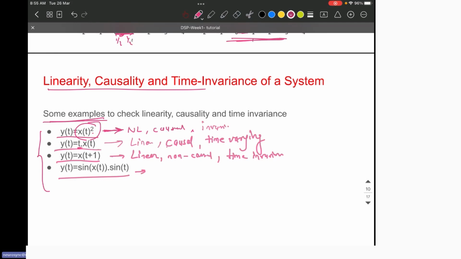By looking at the expression itself, you can say whether the system is linear or non-linear. This is non-linear, correct. This is a time variant system because this depends upon sine of t. So sine of t is changing with respect to time only. Therefore, this is a time varying system.